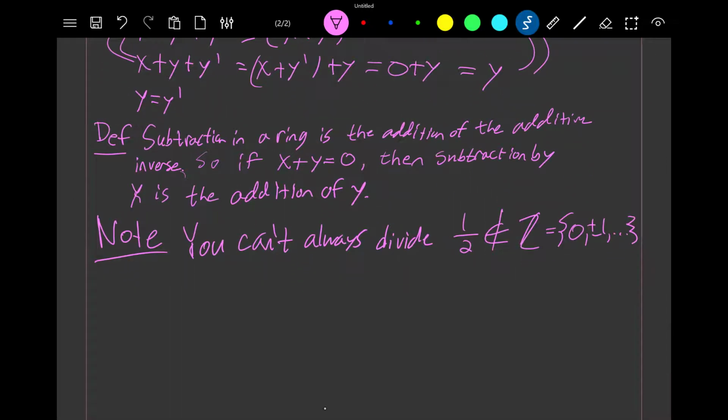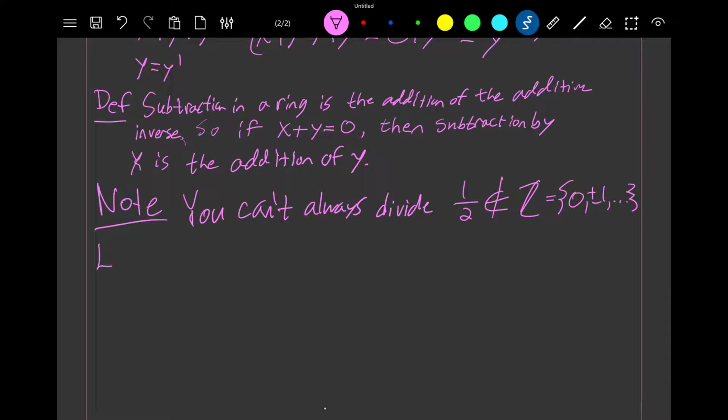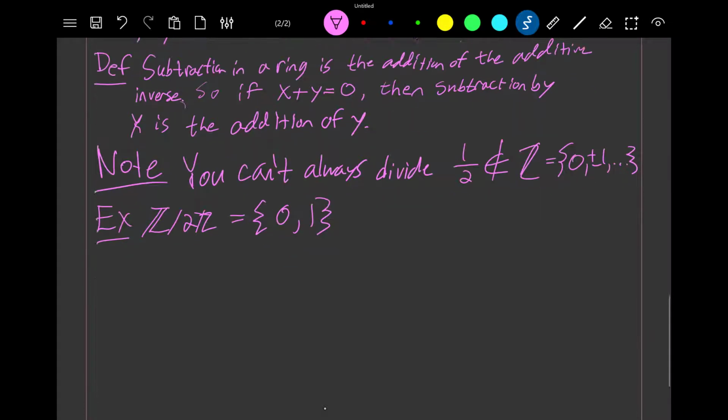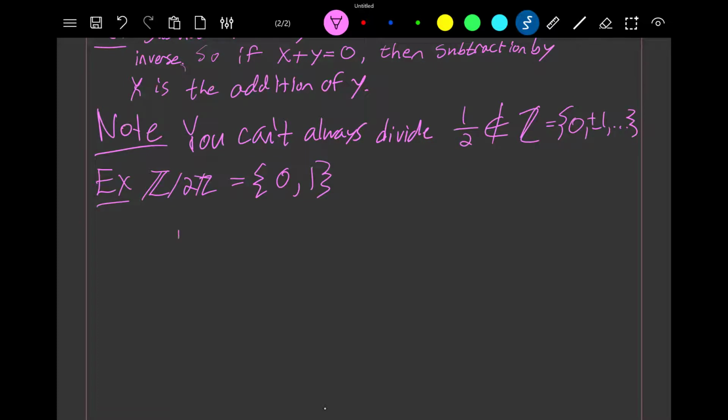So here's a quick example of a ring. I'm going to call it Z mod 2Z. As a set, we're just going to think of this as 0 and 1. And since we only have 2 elements, I can write down addition and multiplication tables.